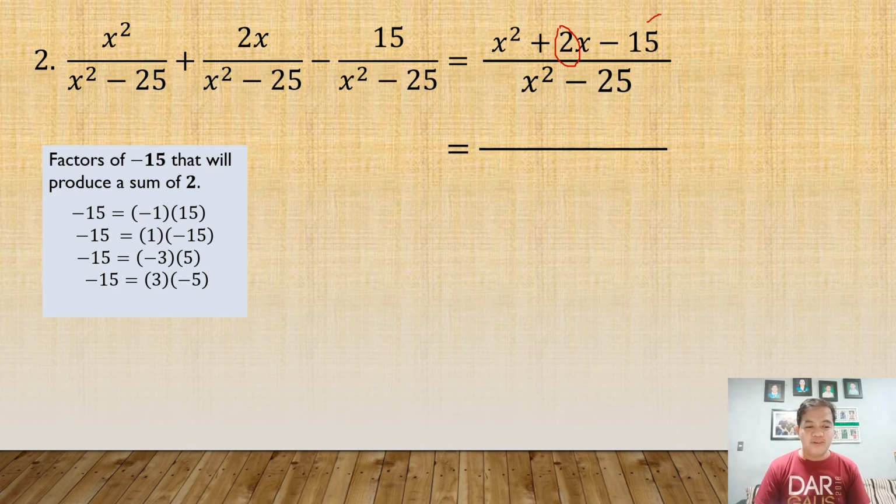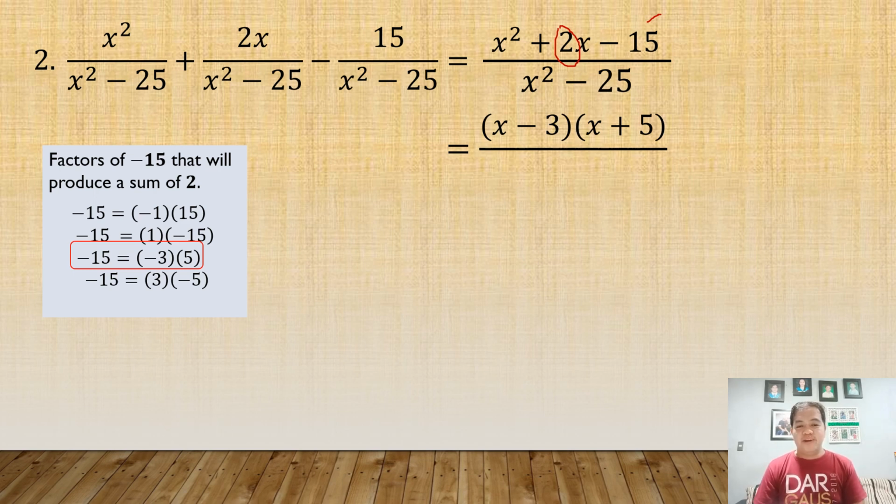Nakita nyo na po ba kung ano sa apat na yan? Okay, so yun pong pangatlo. So, pag minultiply, negative 15, pero pag inadd yung negative 3 plus 5, positive 2 ang lalabas. So, therefore, ang factors na natin, yung sa negative 3, x minus 3. Dun sa positive 5, x plus 5. Para ma-recall po dun sa mga hindi pa rin sanay mag-factor ng quadratic trinomial. Kaya nilagay ko po yan ngayon.